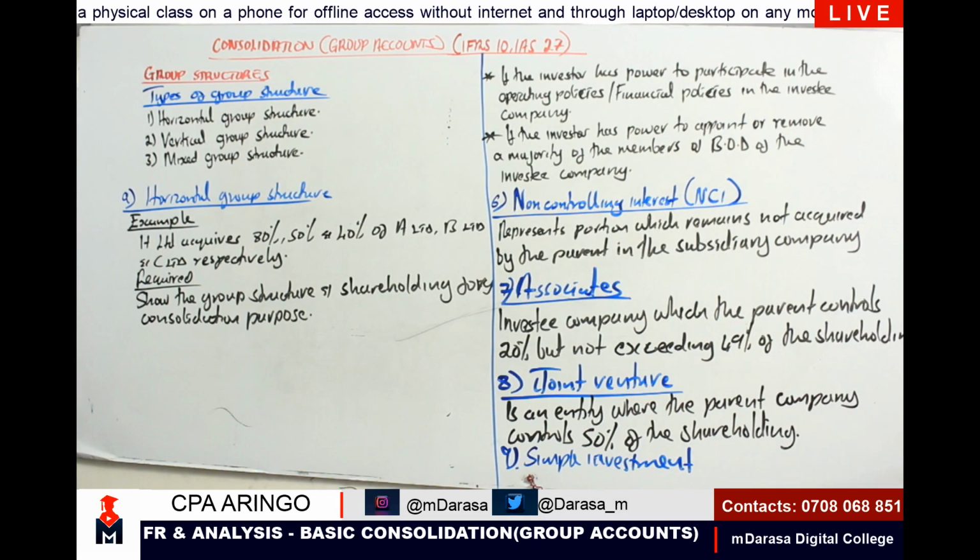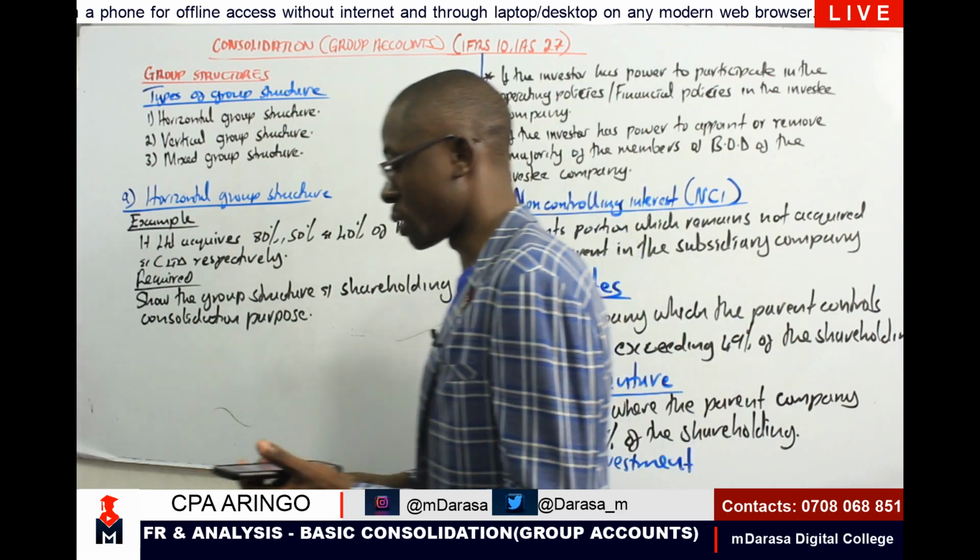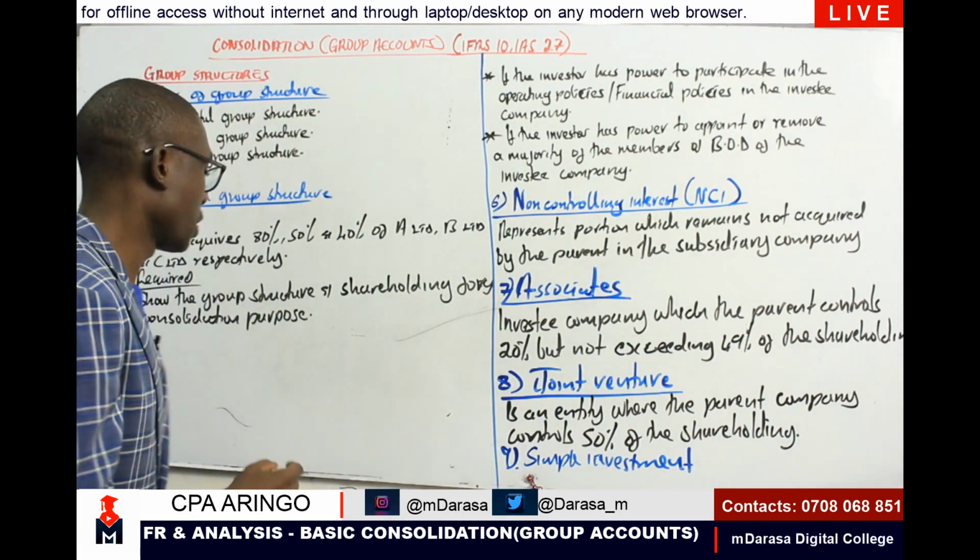We need to show our group structure. In this event, this is how our group structure will look. I am having H Limited.